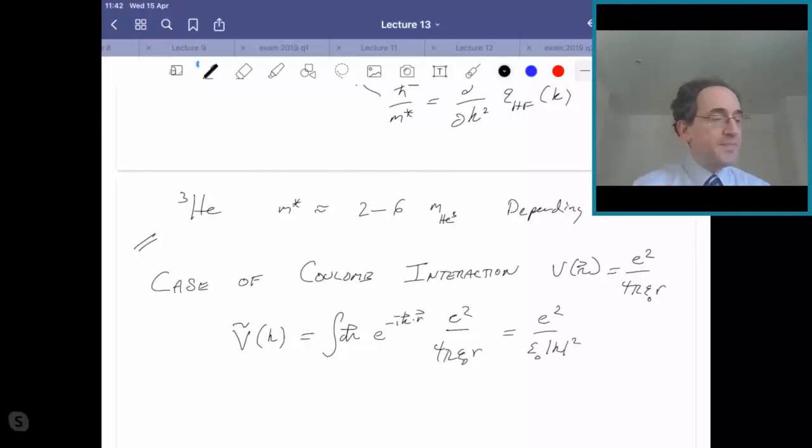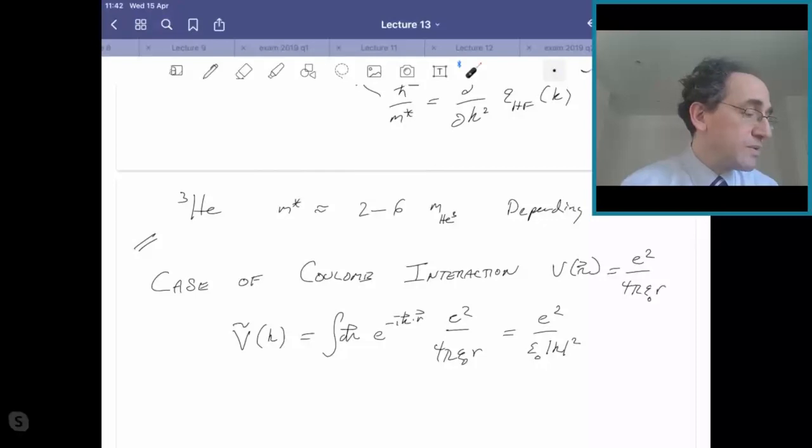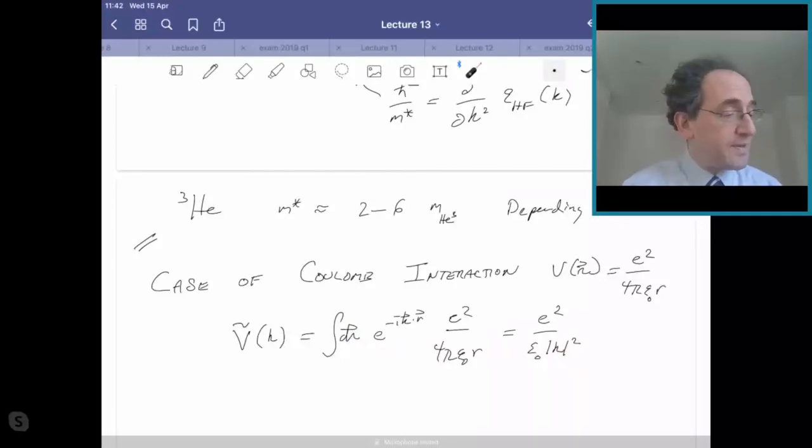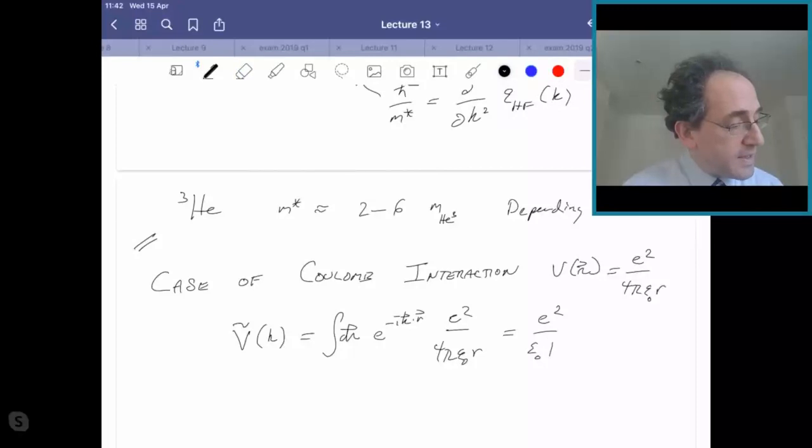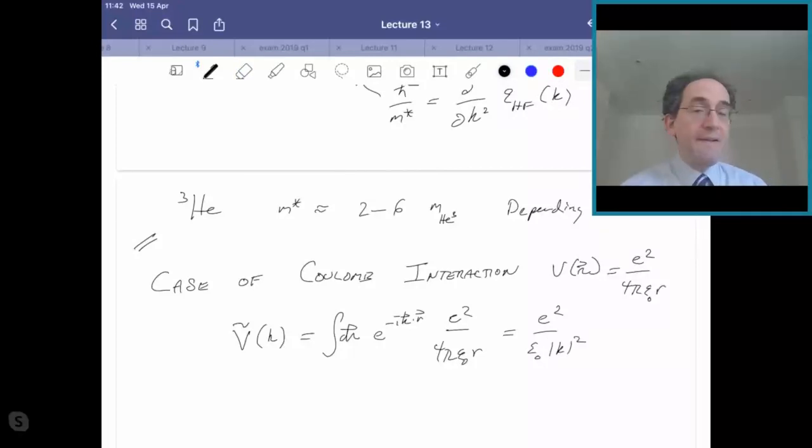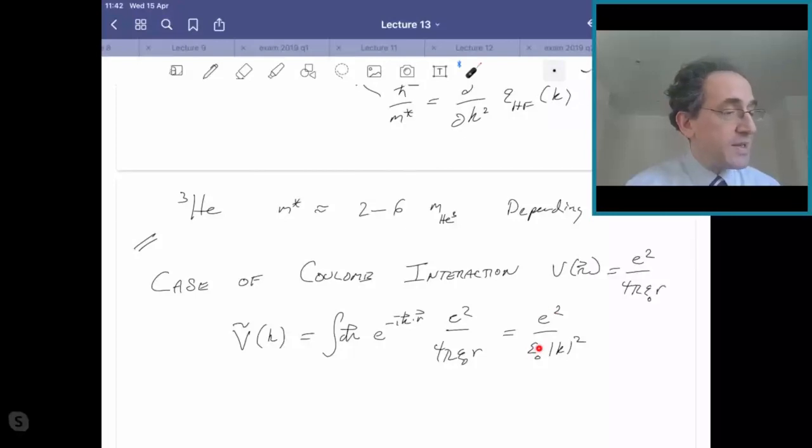You should know that in 3 dimensions, this is a 3-dimensional integral. Just by dimensional analysis, you know it's going to be proportional to 1 over k squared, absolute k squared down there. And you know there's going to be an e squared up top and an epsilon naught downstairs.